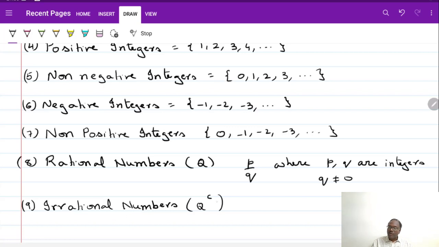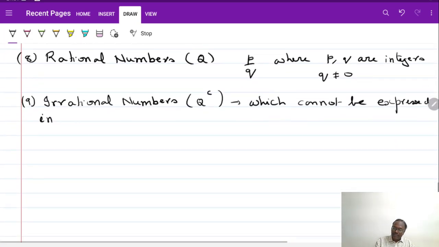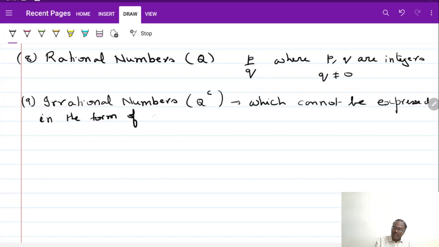These are those numbers which cannot be expressed in the form of P by Q. Examples: root 3, root 2, and so on. These are different examples of irrational numbers.